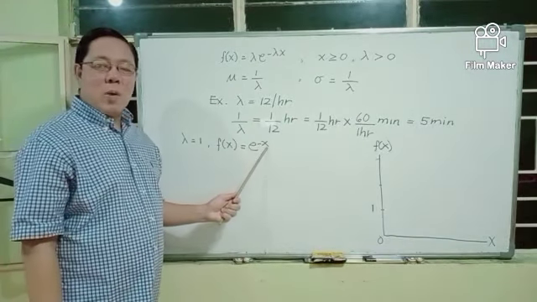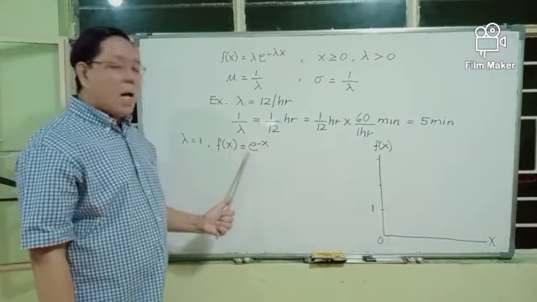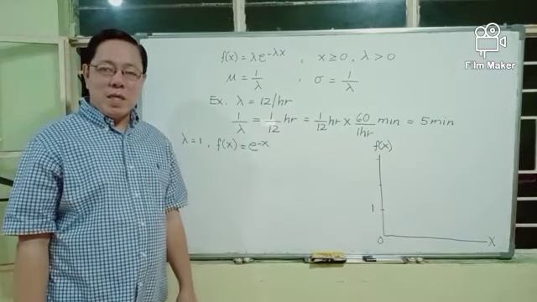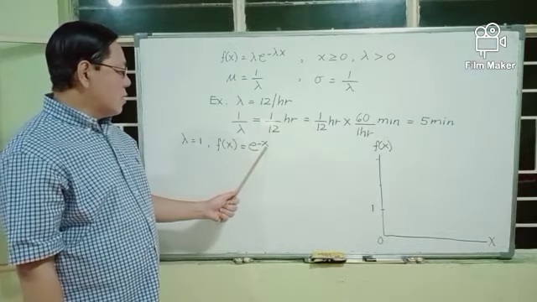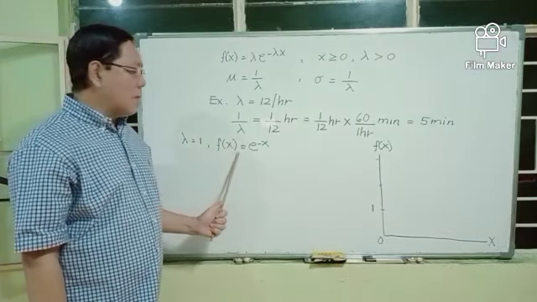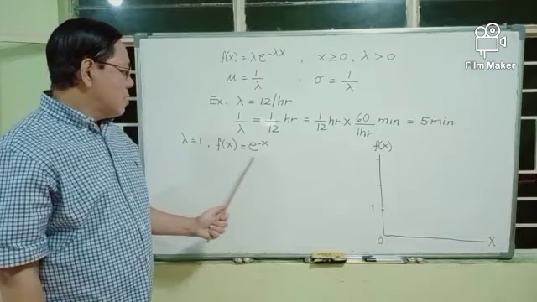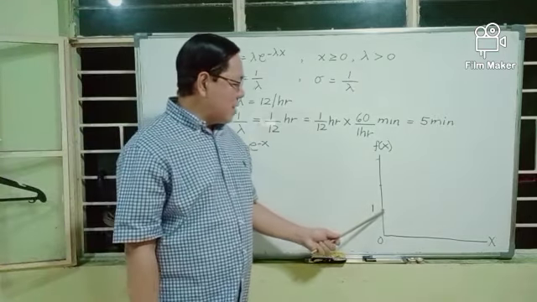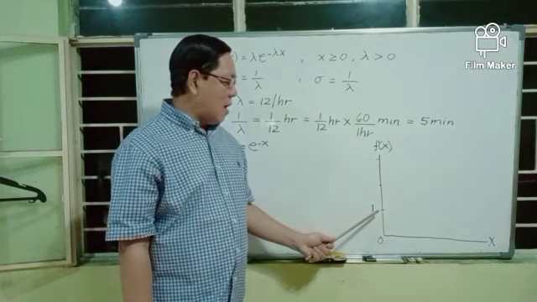If x is 1, the value of f of 1 is e to the minus 1, or 1 over e. If x is 0, the value of f of 0 is equal to 1. So the graph of this density function f of x will intersect the vertical axis at 1.